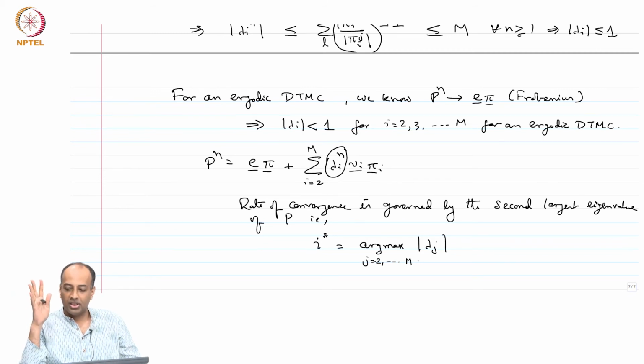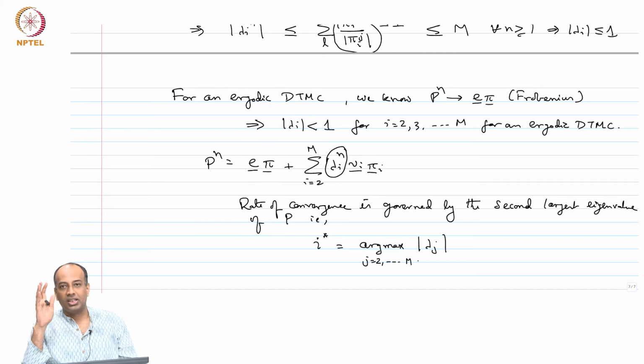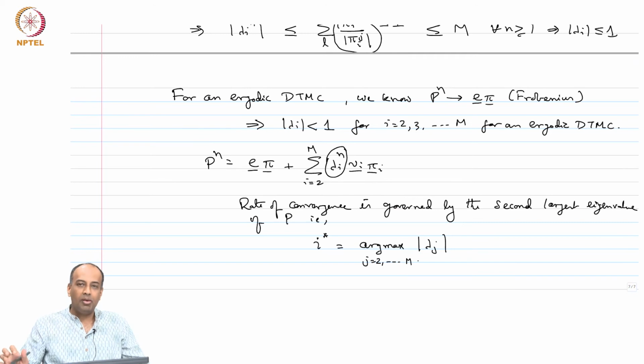Overall this is the eigenvalue with the second largest magnitude, the largest eigenvalue being 1, and there is a whole bunch of eigenvalues with absolute value strictly less than 1 for an ergodic Markov chain, and you look at that index for which the absolute value of the eigenvalue is the largest. Then the absolute value of lambda I star will determine the rate of convergence.